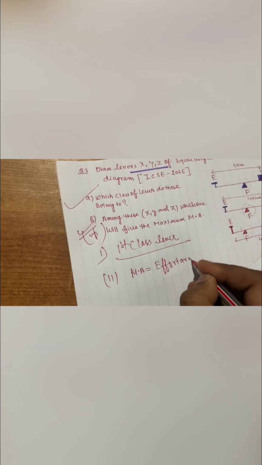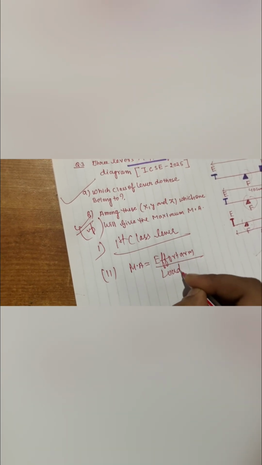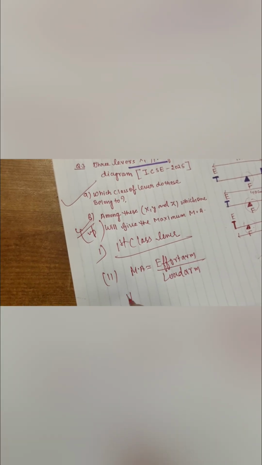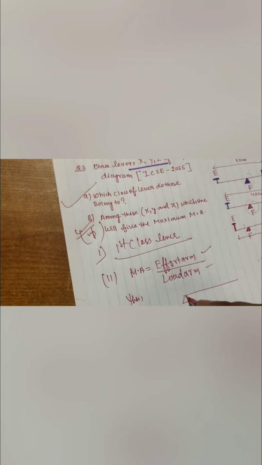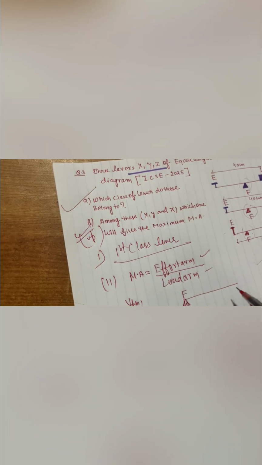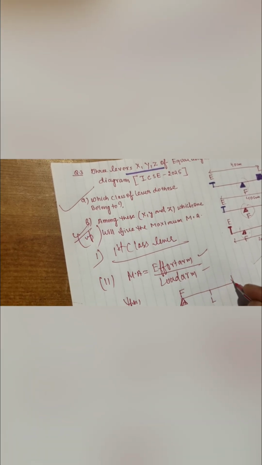Now let us move to the next key point: among X, Y and Z, which will have maximum mechanical advantage? The formula for the mechanical advantage of a lever is effort arm divided by load arm. How do we remember which is the effort arm and which is the load arm? In a simple diagram of a lever, this is the fulcrum, this is the load, and this is the effort I am applying.